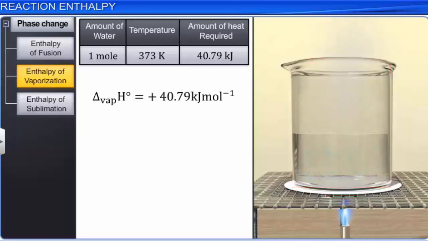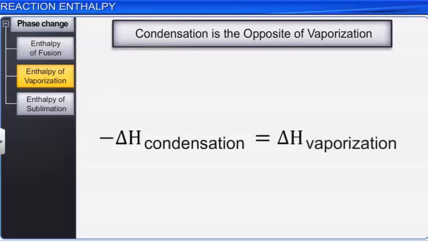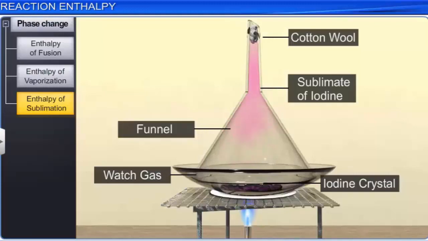We know that condensation is the opposite of vaporization. Thus, the enthalpy of condensation has the same value as the enthalpy of vaporization, except that it has the opposite sign, that is, the negative sign. Now, let's look at the enthalpy of sublimation. Sublimation is a process in which a solid changes directly into vapor state without any intermediate liquid state.